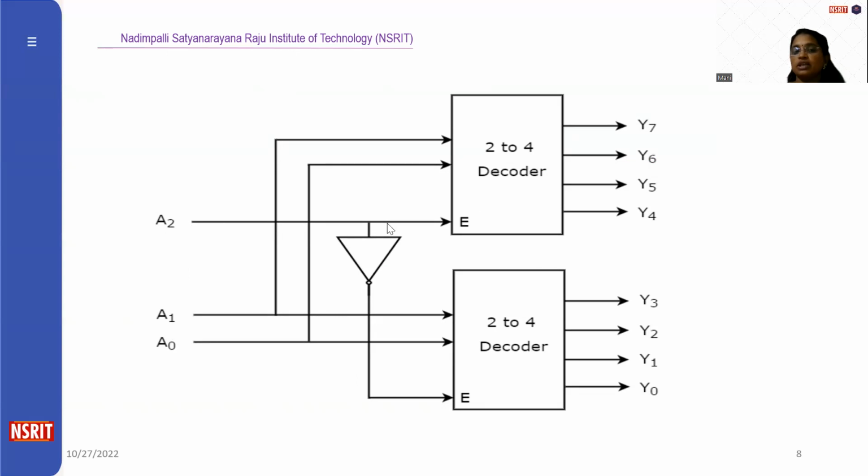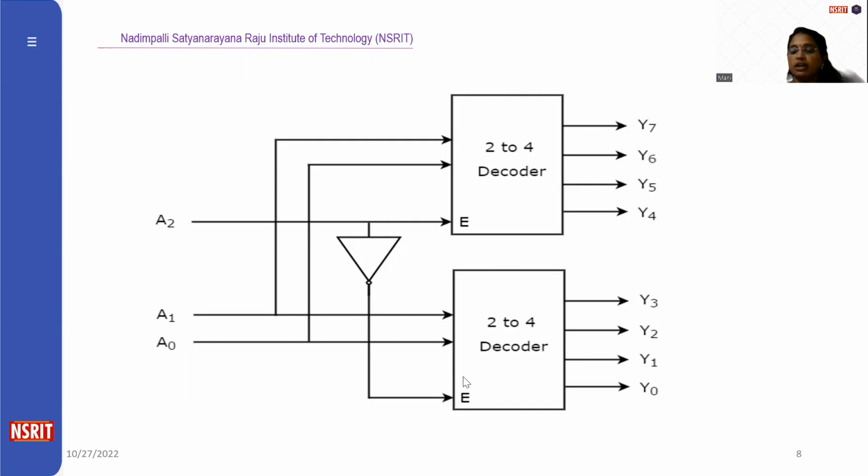A2 is directly given to the upper decoder, so there we have a 0. A2 complement is given to the lower decoder, so 0 is complemented and we get a 1. So the enable input for the upper decoder is 0, and the enable input for the lower decoder is 1. If the enable input is 0, whatever the input present, the output is 0, 0, 0.